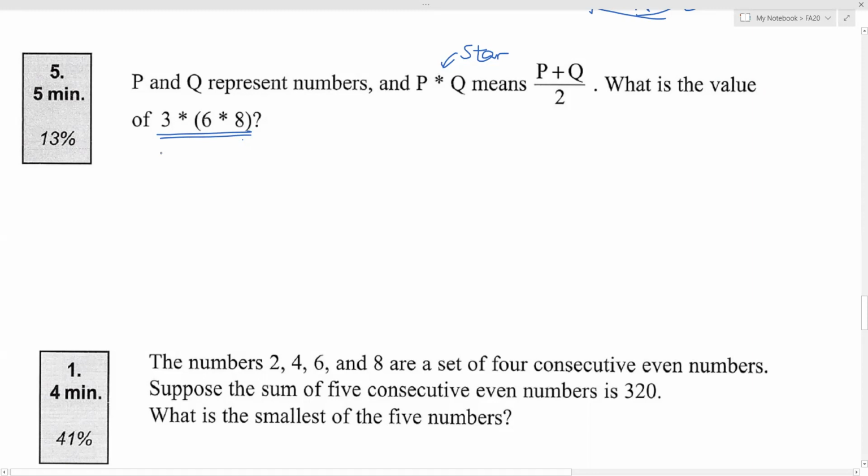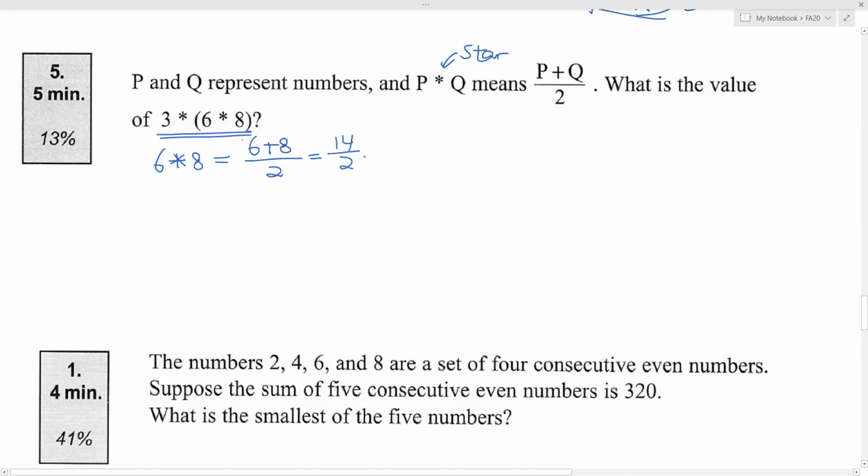So if 6 star 8 equals Q, and then 3 equals P, then I did 3 star parentheses 6 star 8. 6 star 8 becomes 6 plus 8 divided by 2, and that's 7.